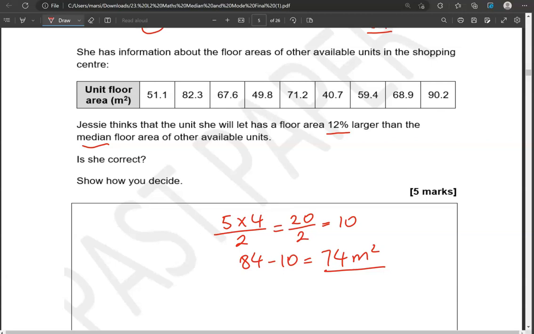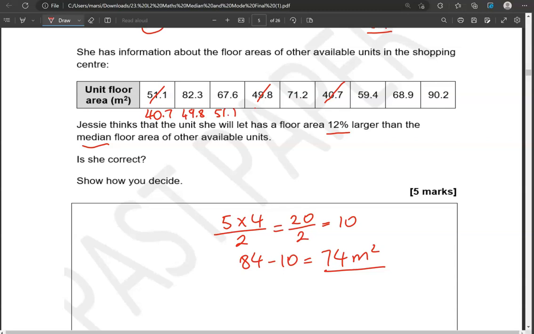Let's see. So looking at these decimals that we have, which one is the smallest of them all? That is 40.7. Then we have 49.8. Then we have 51.1.